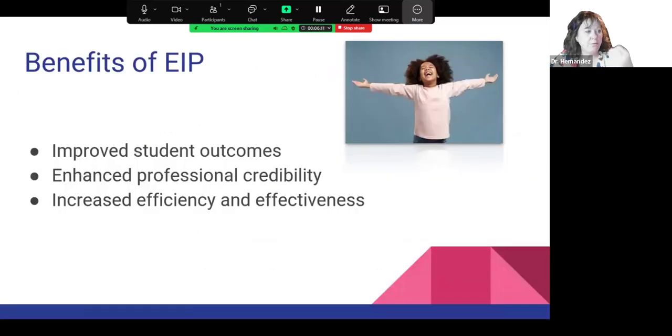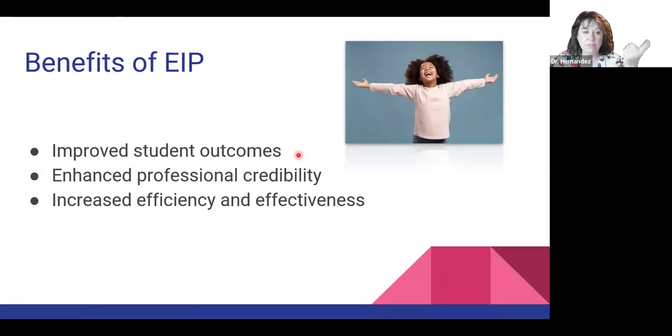In evidence-informed practice, the goal is to improve student outcomes. EIP helps school social workers identify and implement interventions that have been shown to be effective in improving student outcomes, such as academic achievement. Mostly, as social workers, we're working on behavior and social-emotional well-being.